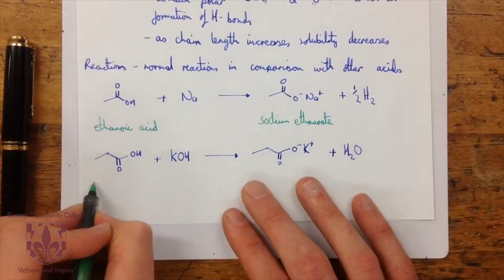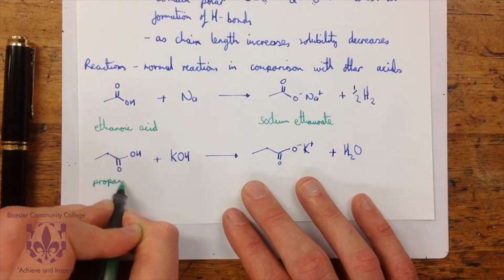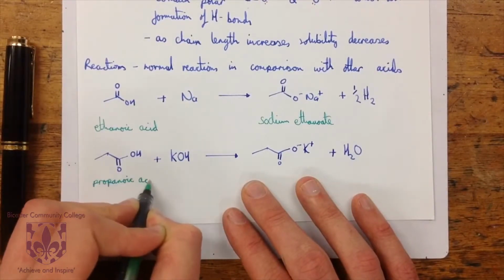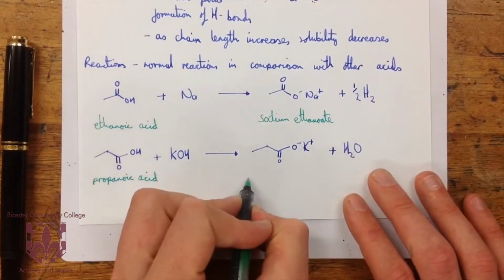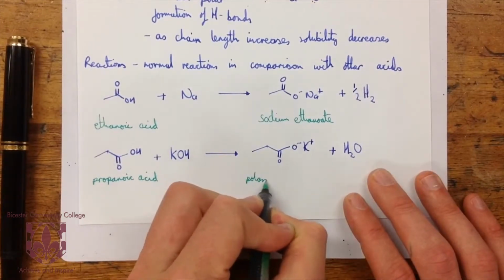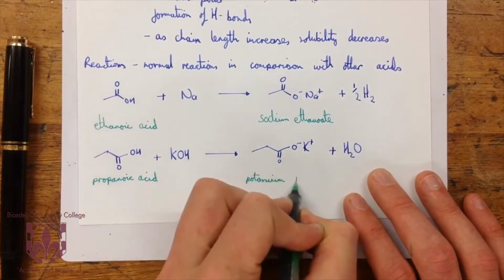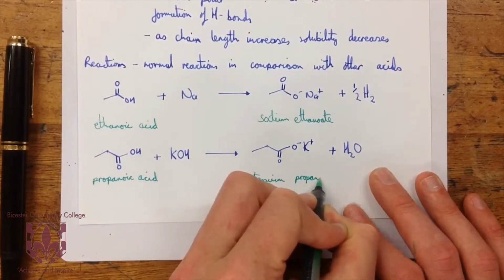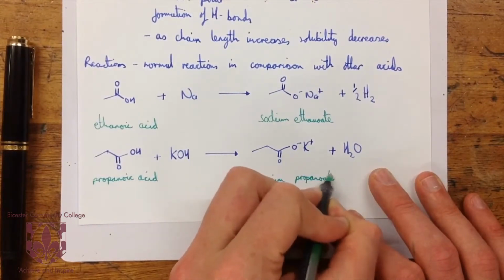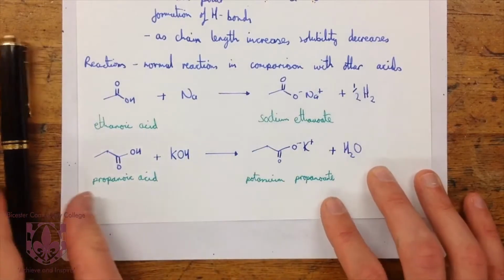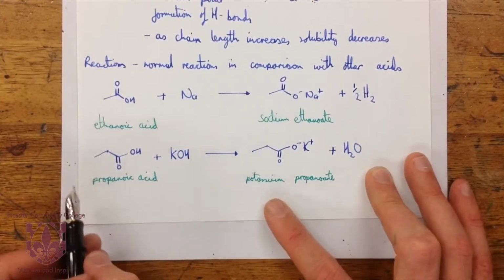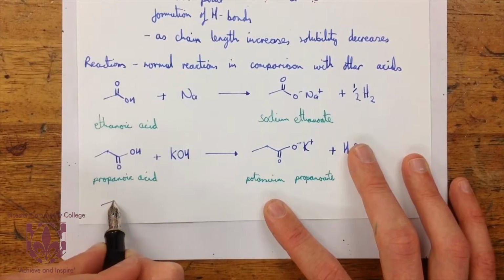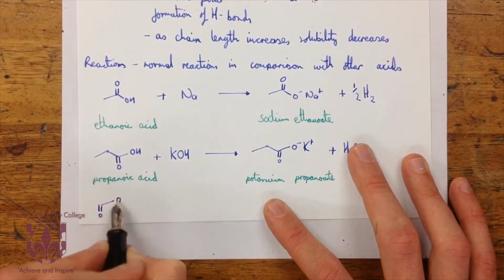This is propanoic acid, and this is potassium propanoate, and obviously water there. Okay, and the final one is our reaction with the carbonate. So let's do methanoic acid.